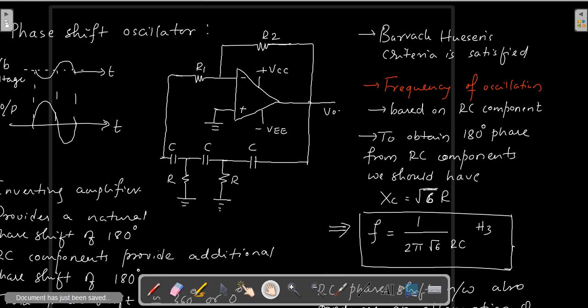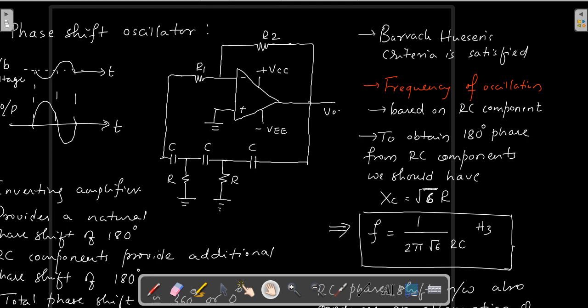So this is the basic operation of the phase shift oscillator. We have taken the inverting type, so it inherently produces a 180-degree output, but because the feedback components additionally introduce a phase shift of 180 degrees, the total phase shift is approximately 360 degrees. And to satisfy the other condition, the gain of the circuit should be at least 29 or more.